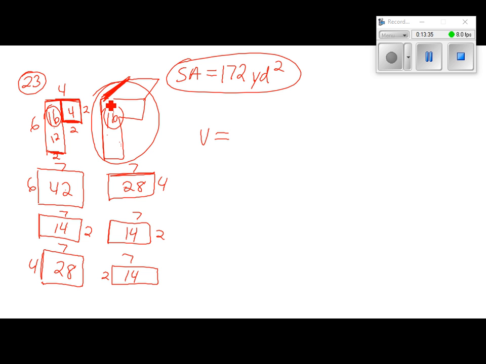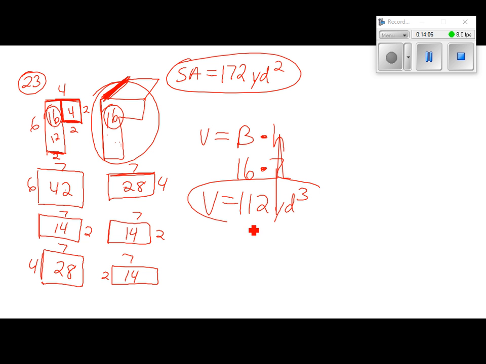We know the area of this base is 16, so this is big B times H. This would be our height, the distance from one base to the other, and that distance is 7 this time, so all we really need to do is 16 times 7, and you end up with 112 yards cubed. That's our volume.